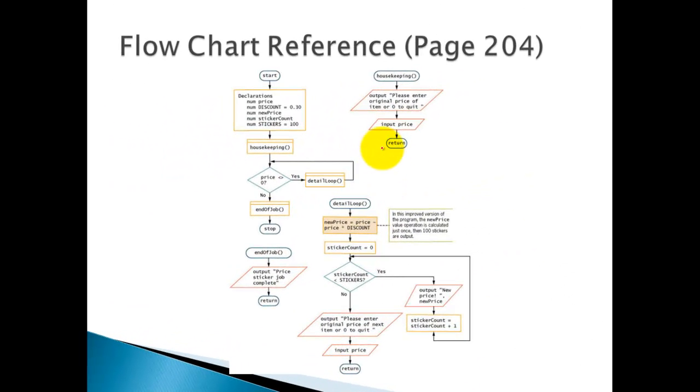If you look in your book on page 204, this is not an example of the exercise we're talking about, but I want to point you to this flowchart reference because if you do your Chapter 5, Exercise 10 flowchart, you're going to want to have loops inside of loops. Now this one actually uses modules.